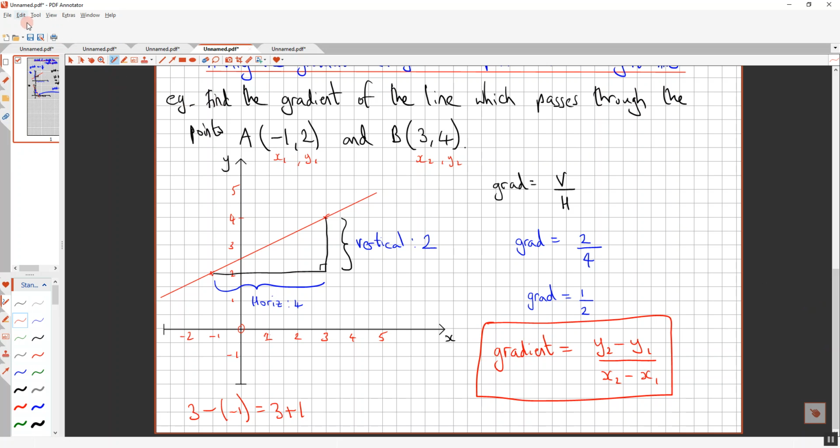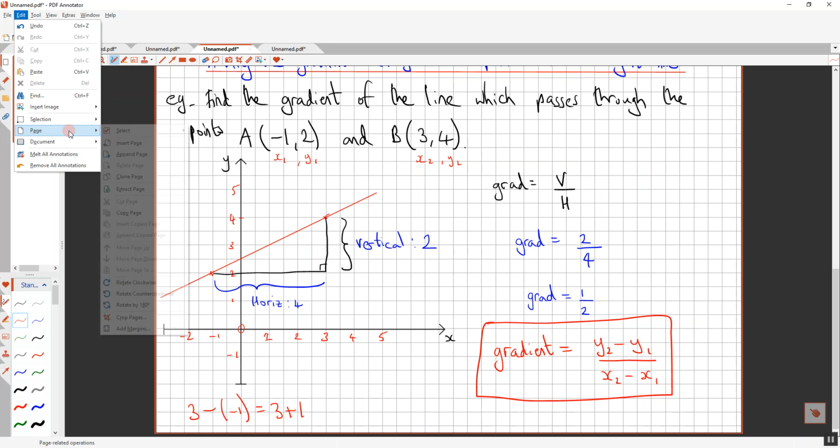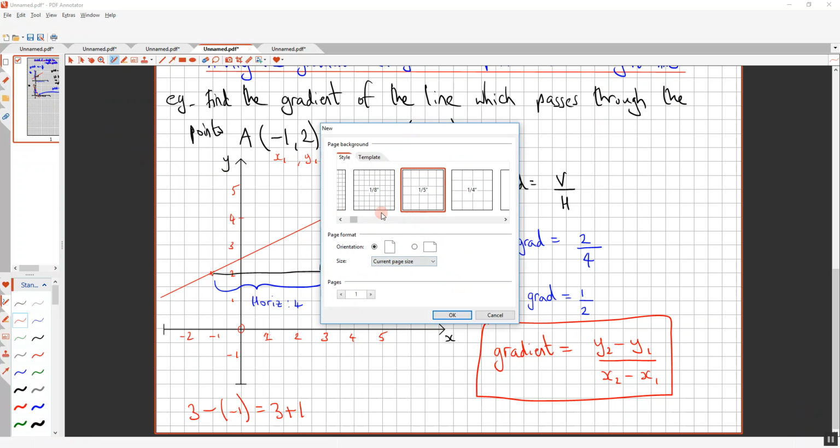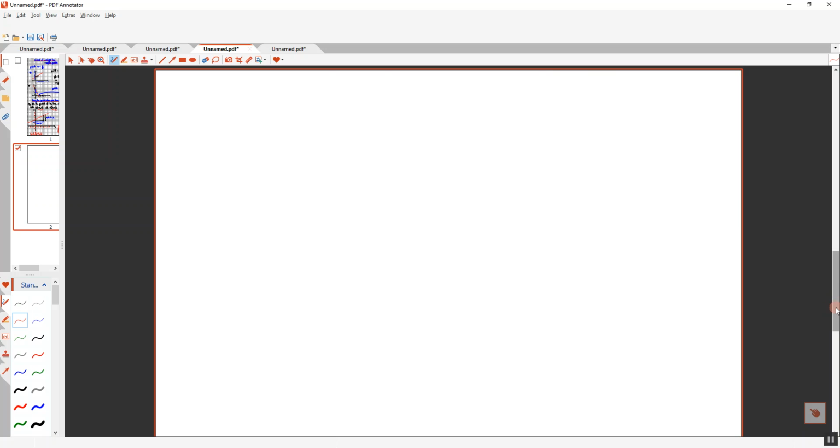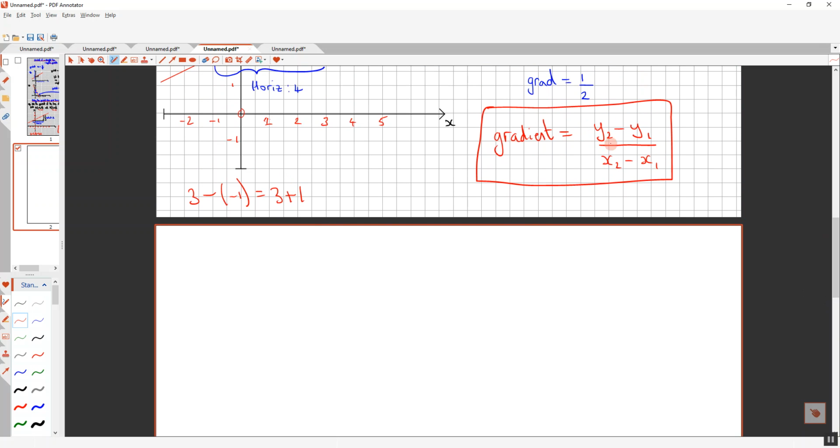Yes, it doesn't look particularly nice, but I'll do an example with you to show you how you go about using it. I'll just go to a blank piece of paper. It's easier than it looks.